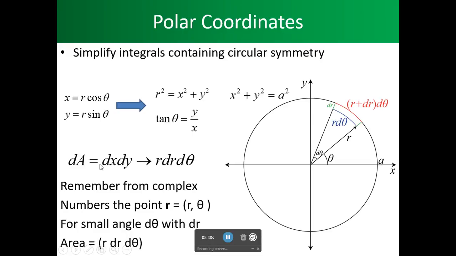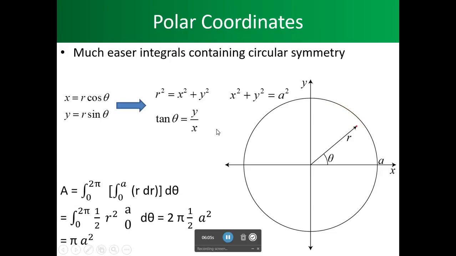When we talk about the change of the area, the differentiation of the area, we have dx dy, and that is now in polar coordinates going to be r dr d theta. And it goes along with the area. As you can see, the differentiation of the area. Much easier integrals contain circular symmetry.